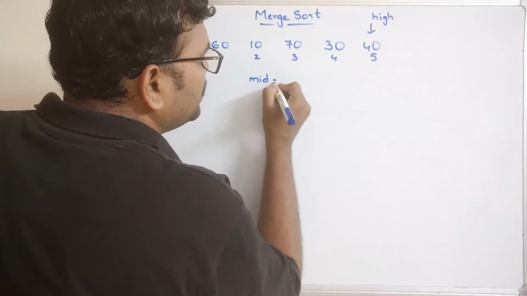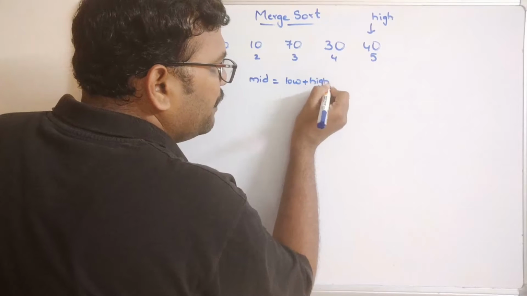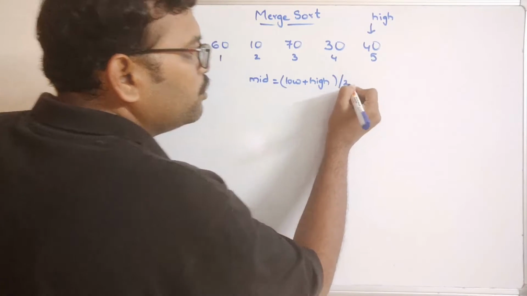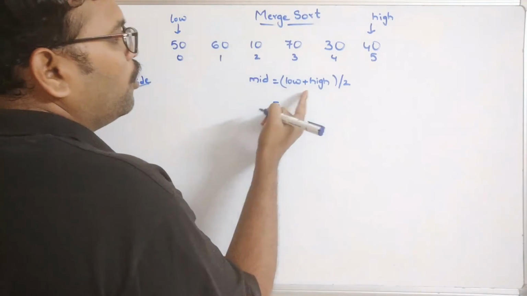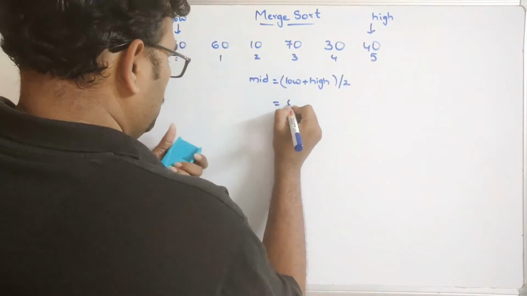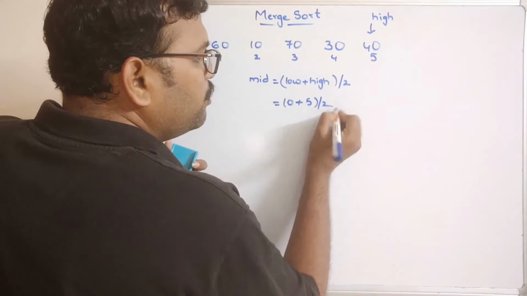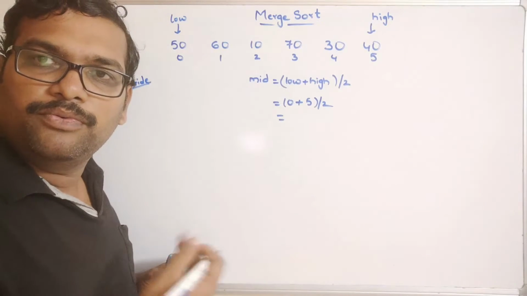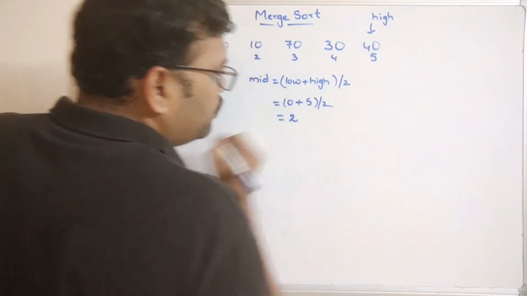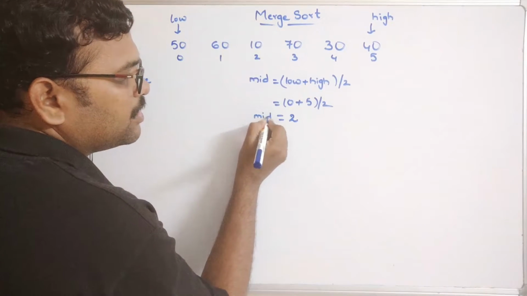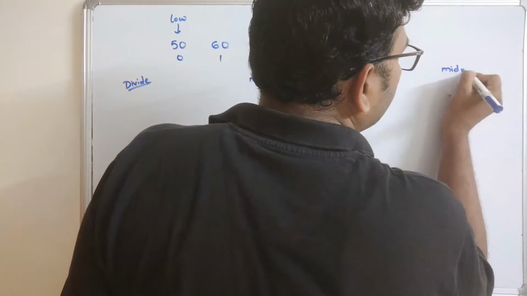Mid is equal to low plus high divided by 2, and we consider only the integral part. That means 0 plus 5 divided by 2, which is 2.5, and we consider only the integer, so that will be 2. So mid is equal to 2.